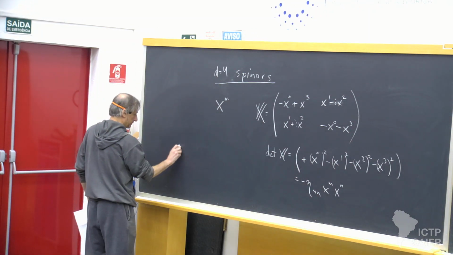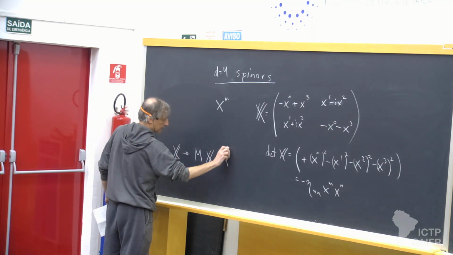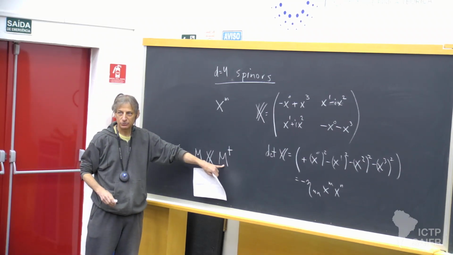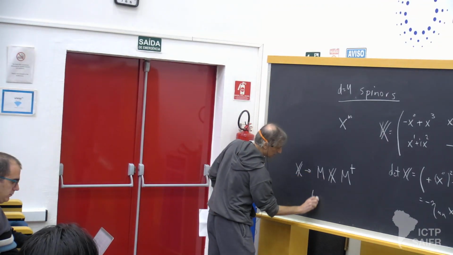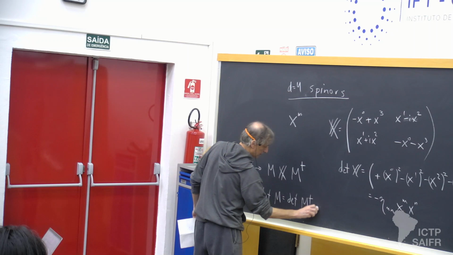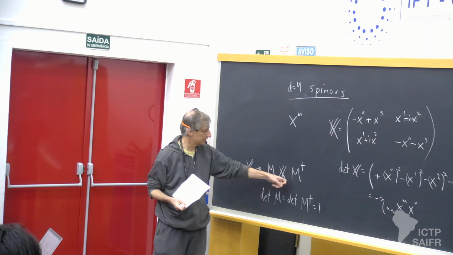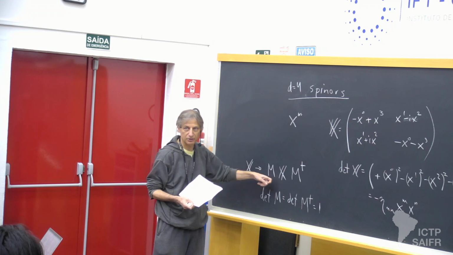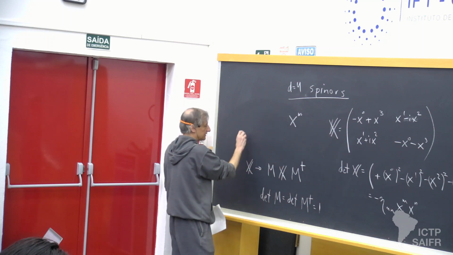It's just if X is acting this way, where M is any 2 by 2 matrix, and M dagger is any 2 by 2 matrix, where these matrices have determinant 1, then it's easy to see that this object will still have the same determinant as before, right? Because the determinant is the product of all of these. And furthermore, you can easily see that this matrix is Hermitian, right?